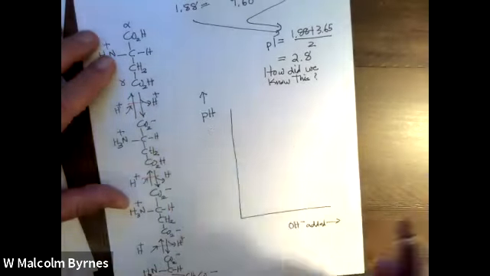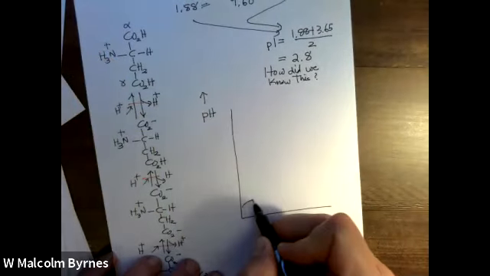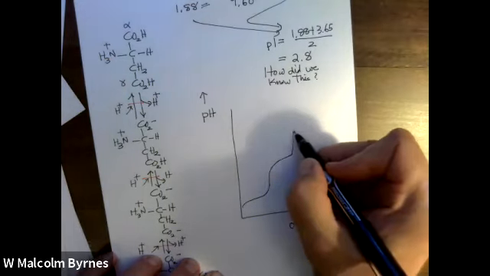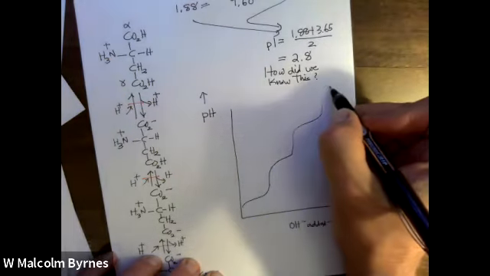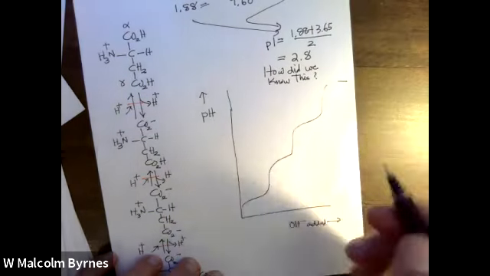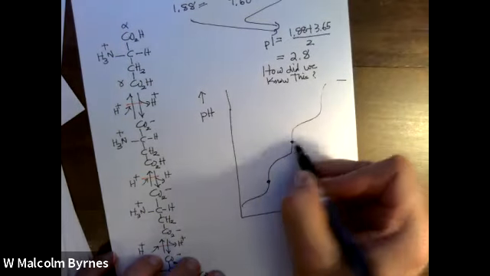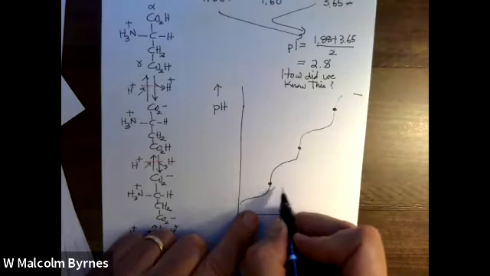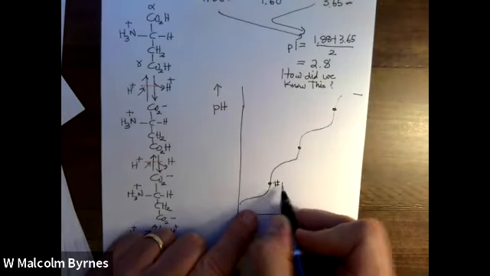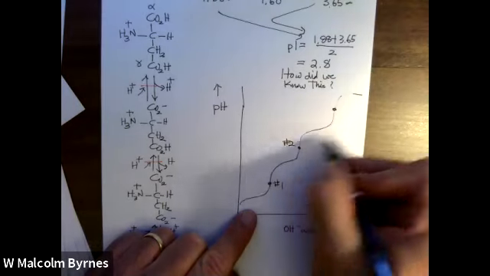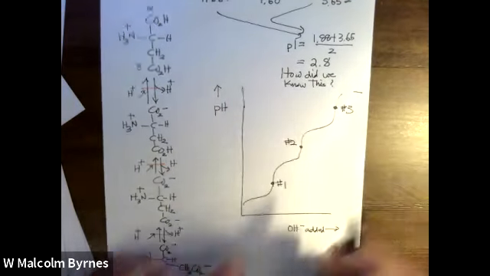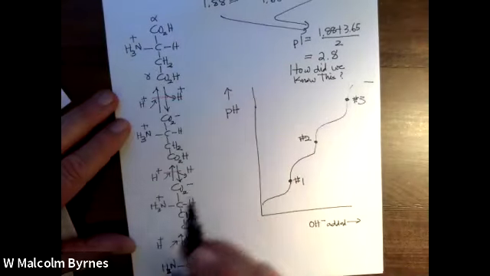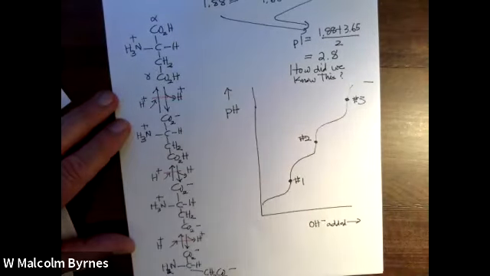It's going to look like this, where we have 1 equivalence point, a second equivalence point, a third equivalence point, like that. Okay, 1, 2, 3 equivalence points, where we've titrated each of these 3 ionizable groups.